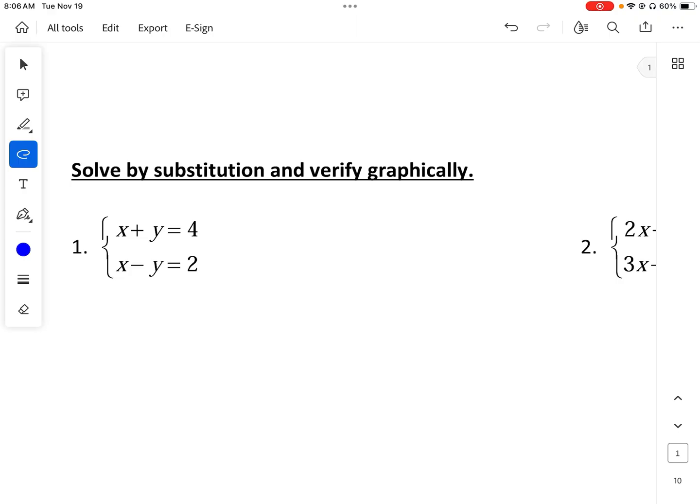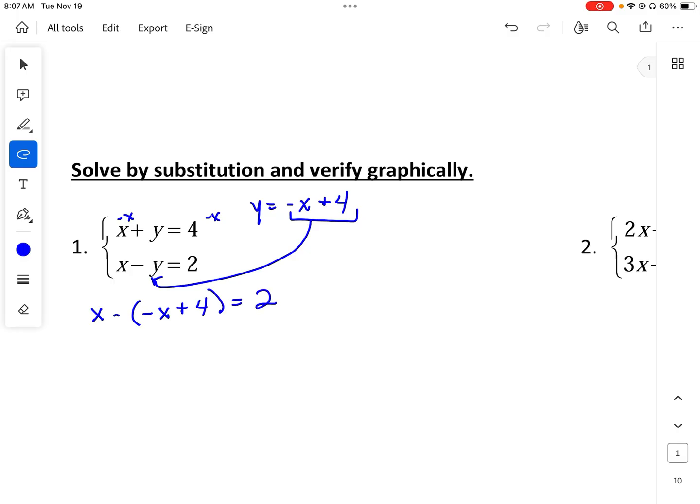So I'm going to rewrite this. Since I'm going to have to do this graphically in a little bit, I'm going to go ahead and do this. So y equals -x plus 4. So I'm going to plug in this for y here. So x minus -x plus 4 equals 2.